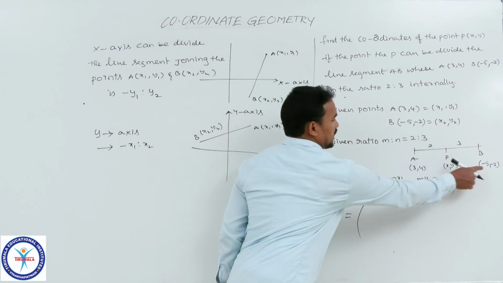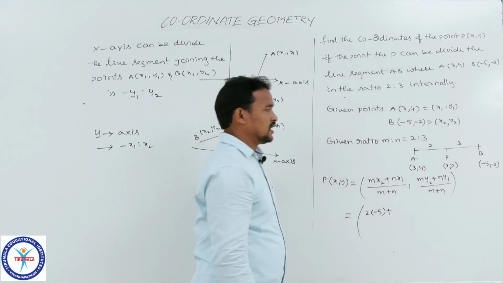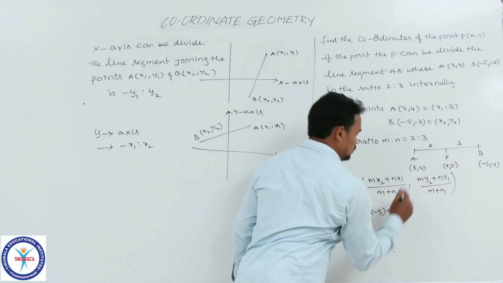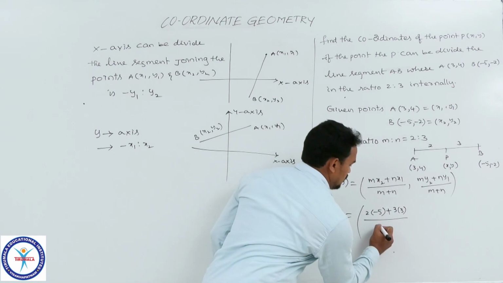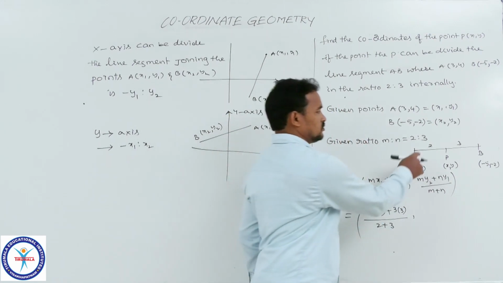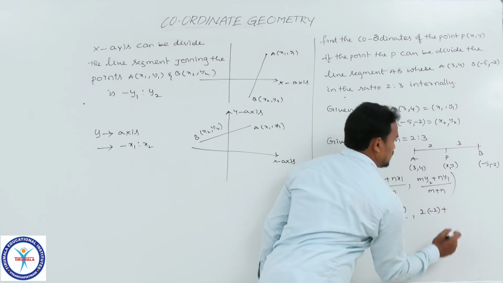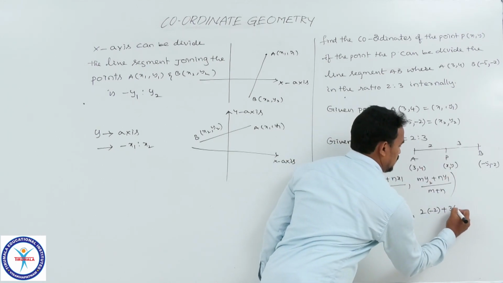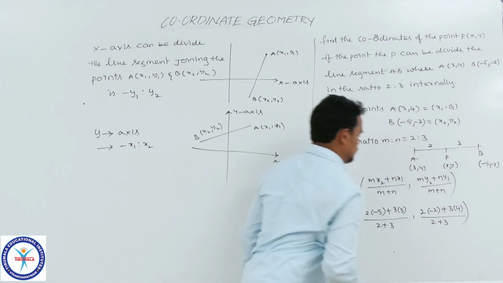mx2: 2 into minus 5, plus nx1: 3 into 3, by m plus n: 2 plus 3, comma my2: 2 into minus 2 plus ny1: 3 into 4, by m plus n, means 2 plus 3.